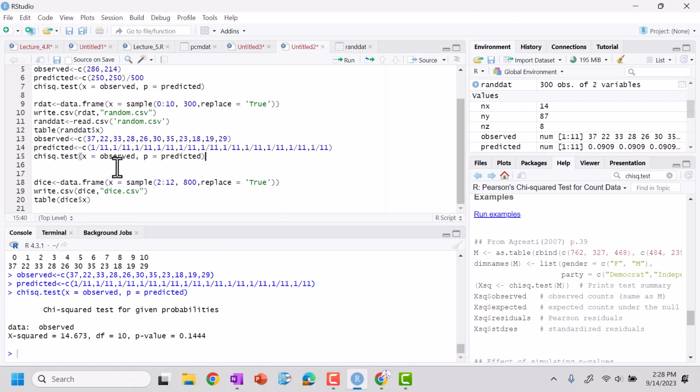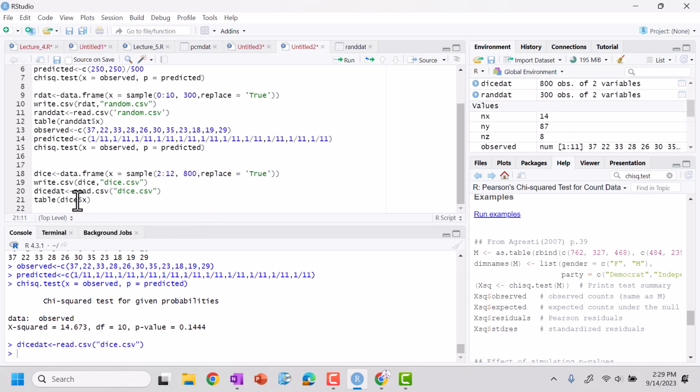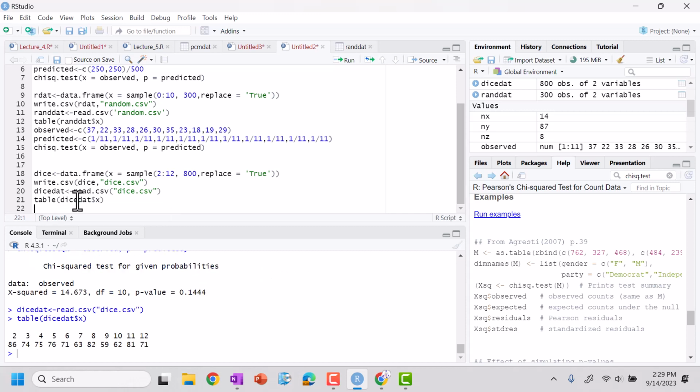We can read in our dice values just like we did previously. So we can say dice dat goes to read.csv, dice.csv. We got dice dat. We can do the table again on dice dat, and then we can look at those values. So you can see the distribution of these values.